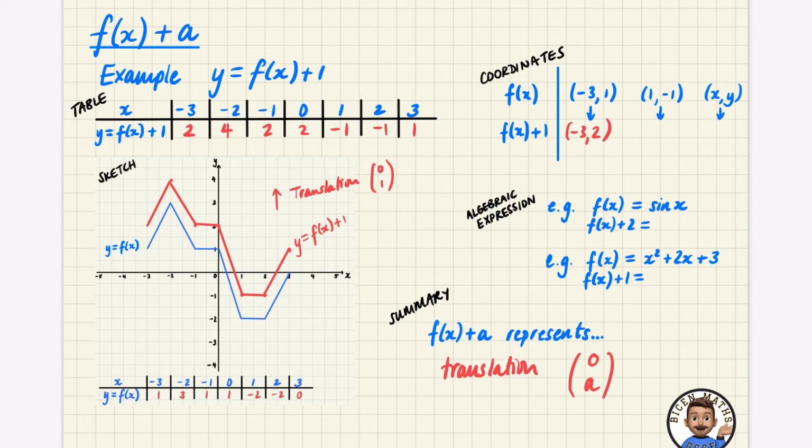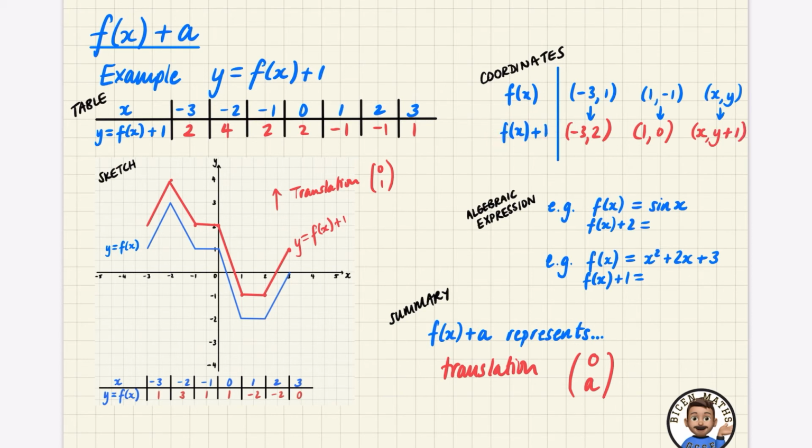It wasn't specific to this one, it could be any coordinates at all. So the y coordinates are going to increase by 1, and with the (x, y) that we have, the x is going to stay the same, but the y coordinate would increase by 1.